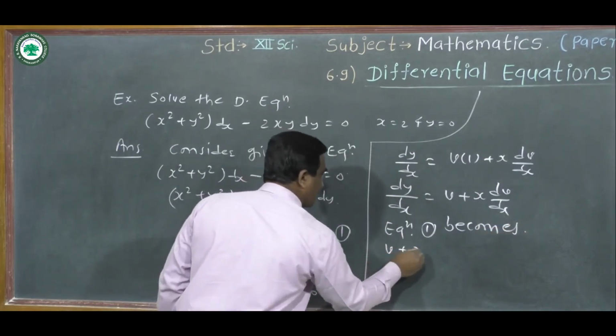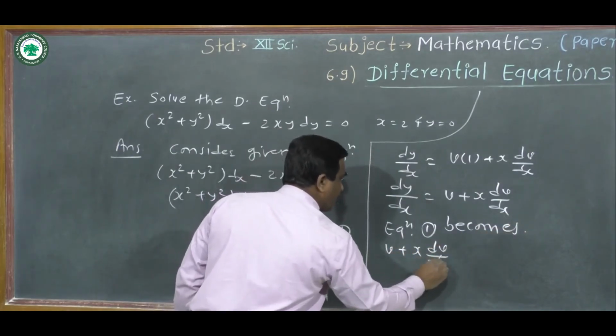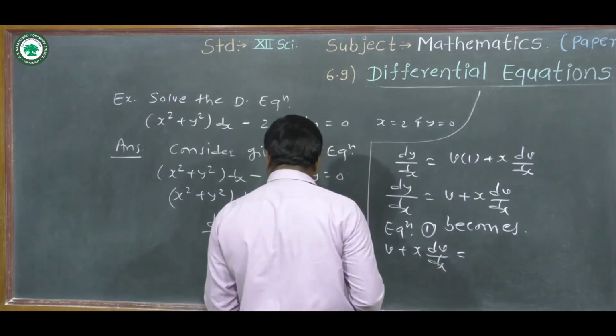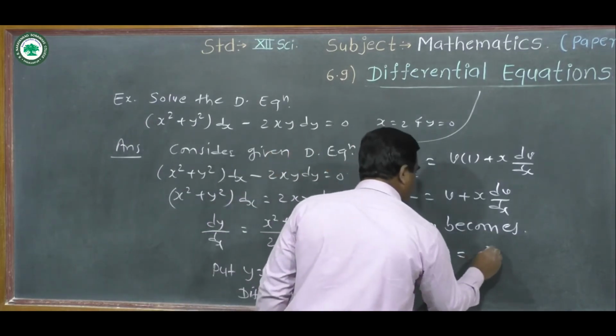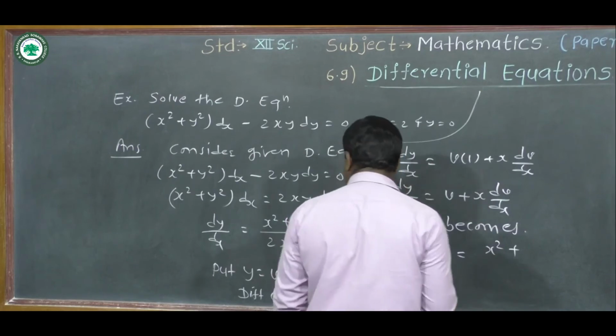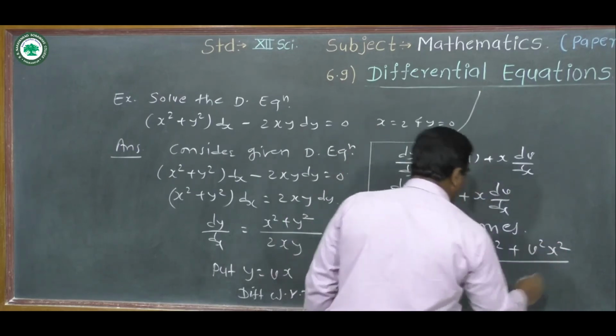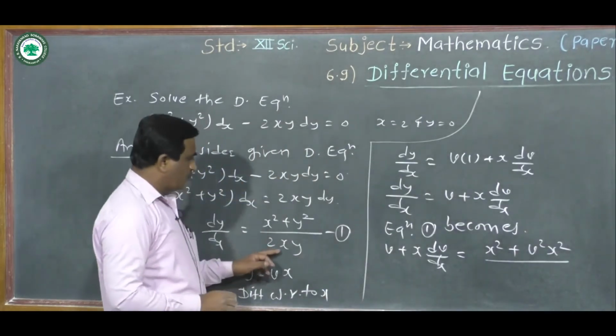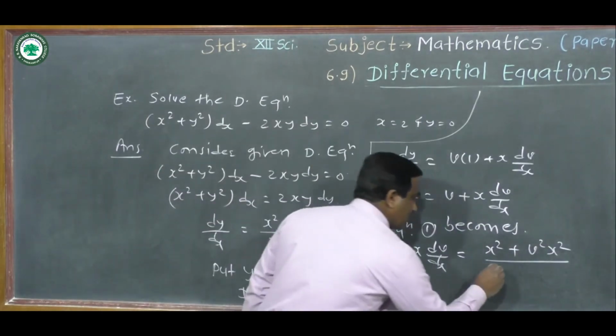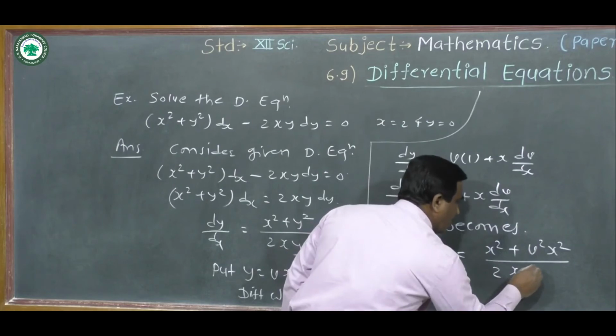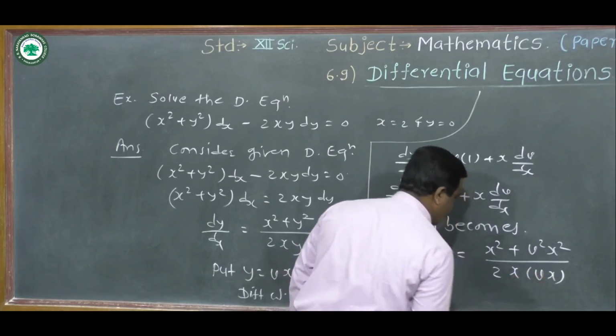v plus x into dv by dx equal to x square plus y square. X square as it is, value of y is vx, therefore we can write here v square x square upon 2 into x into y. 2 into x into y means vx.